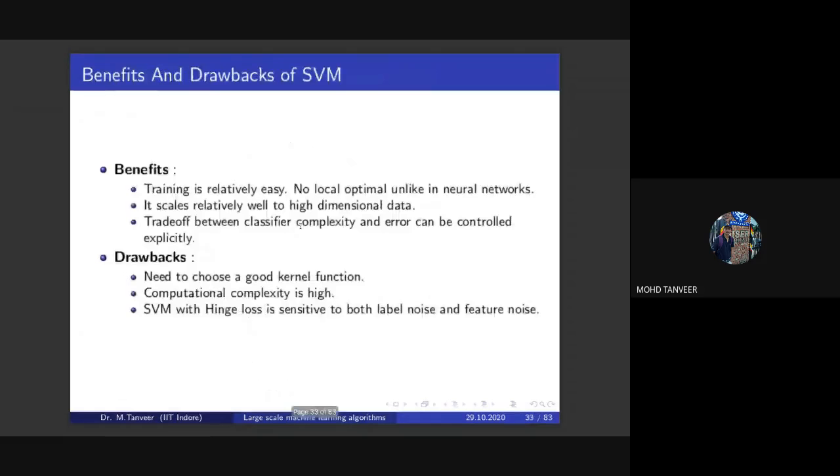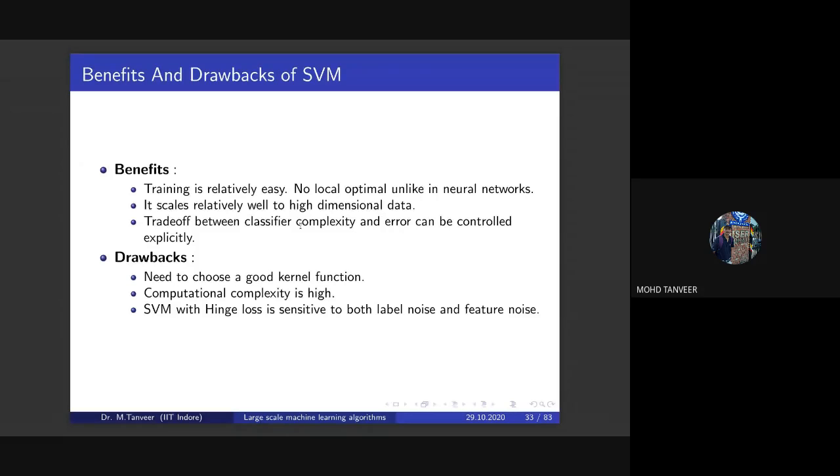Now some points about the standard SVM: training is relatively easy, there are no local optima unlike a neural network, and it scales relatively well to high dimensional data. The trade-off between classifier complexity and error can be controlled explicitly. Some drawbacks, as I mentioned earlier, are that we need to choose a good kernel function.